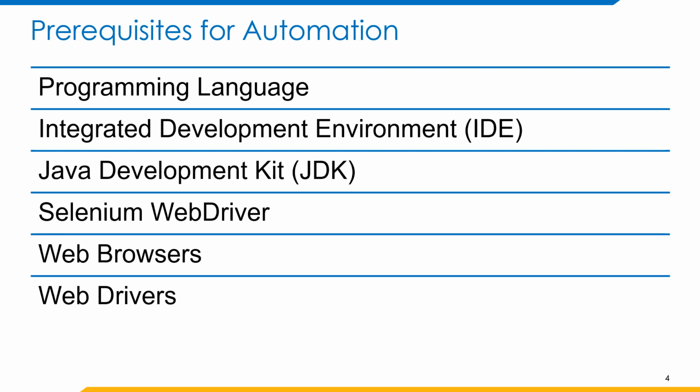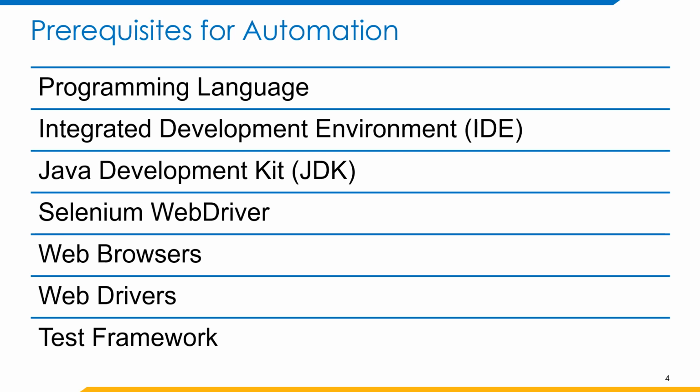Ensure that your chosen IDE is integrated with the Selenium WebDriver, making it easy to write, run, and debug the test scripts. Test framework. Select a test framework such as TestNG or hybrid test frameworks. Help structure your tests and provide reporting capabilities.